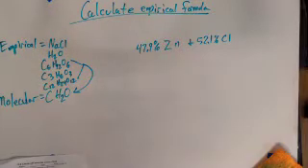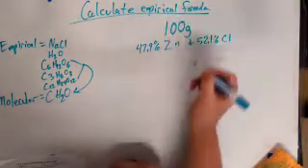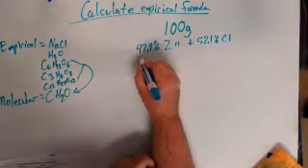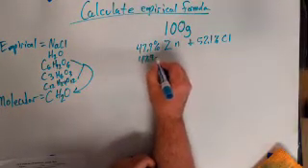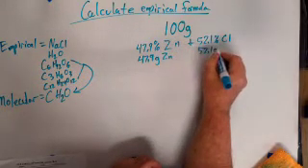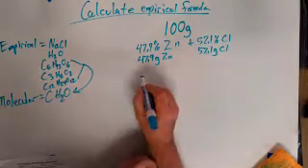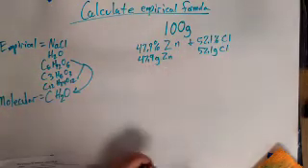All right, so the first thing we're going to do is assume that we have 100 grams. Because if we have 100 grams, then this becomes 47.9 grams of zinc and 52.1 grams of chlorine.